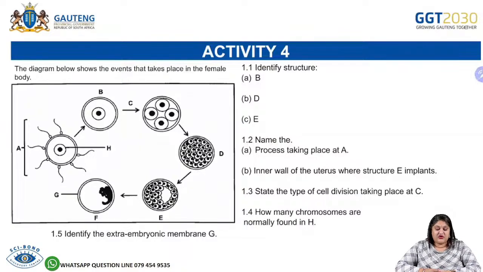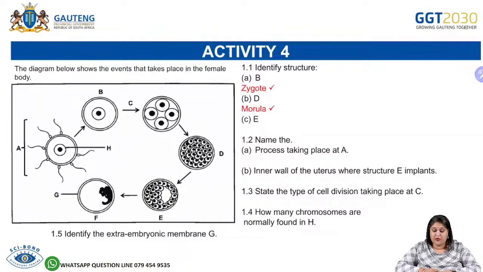The diagram below shows the events that take place in the female body. First we identify structure B. We've actually seen this diagram before, so I'm sure you'll be able to do this very quickly now. B is the zygote. D is the morula.